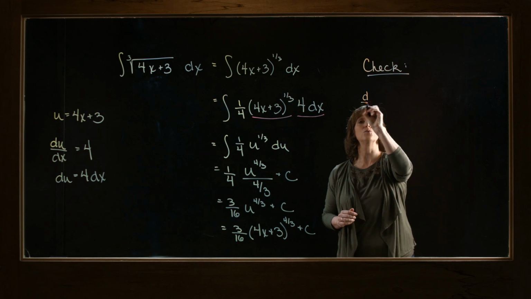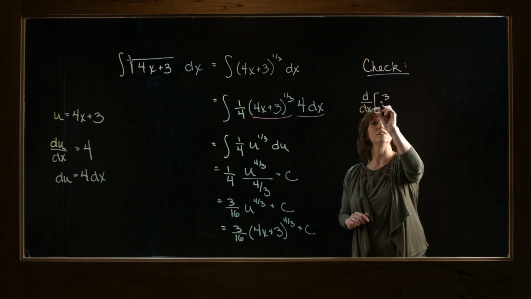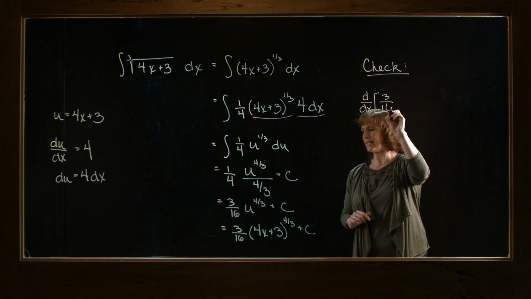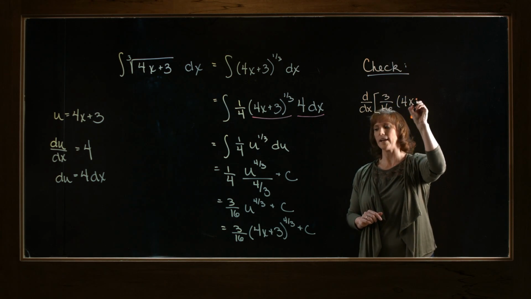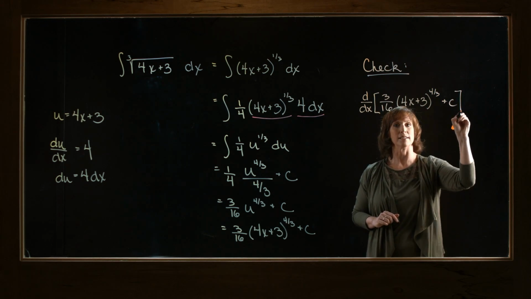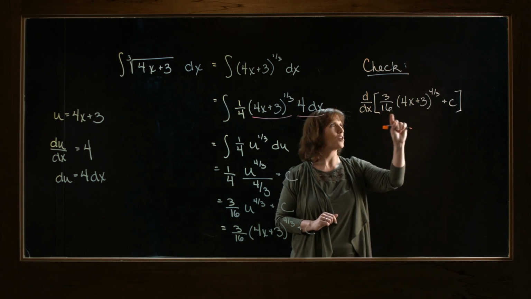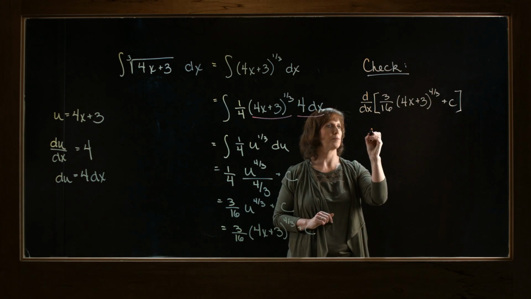I would like to take the derivative of my result. So that's the derivative of 3/16 times the quantity 4x plus 3 to the 4/3 plus a constant. I'm taking the derivative of two pieces added, so let's concentrate on this first term.